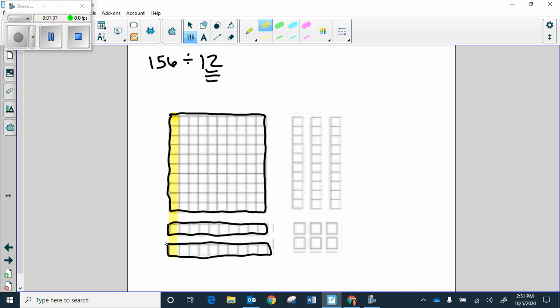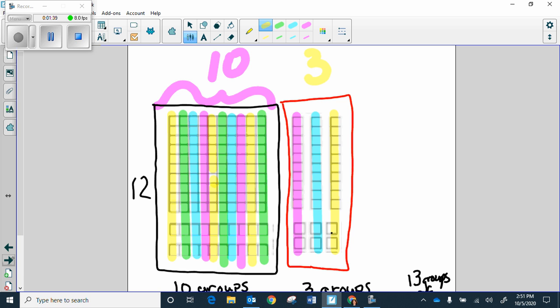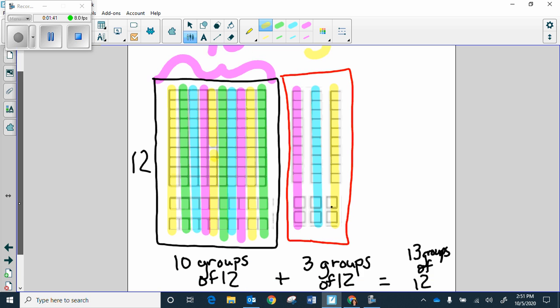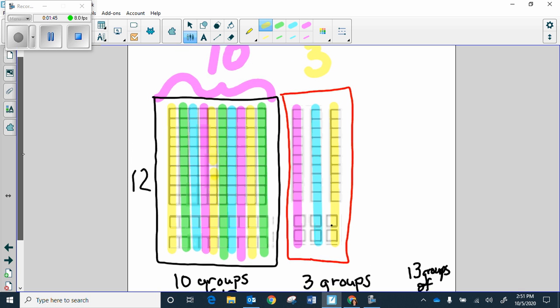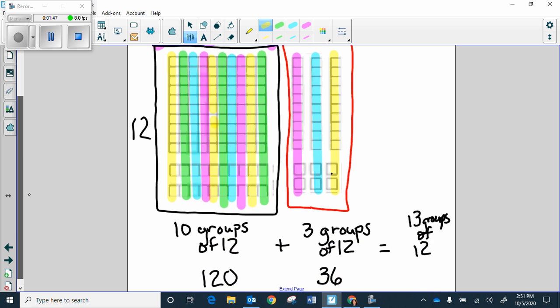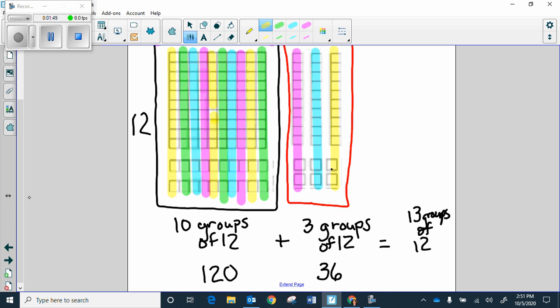And I could do that on a cross. If we take a look at the next graphic here, you can see that this first group has 10 groups of 12. 10 groups of 12 is really the same as 120. And then I have 36 left to break out into groups. So I'm going to put those into groups of 12 also.